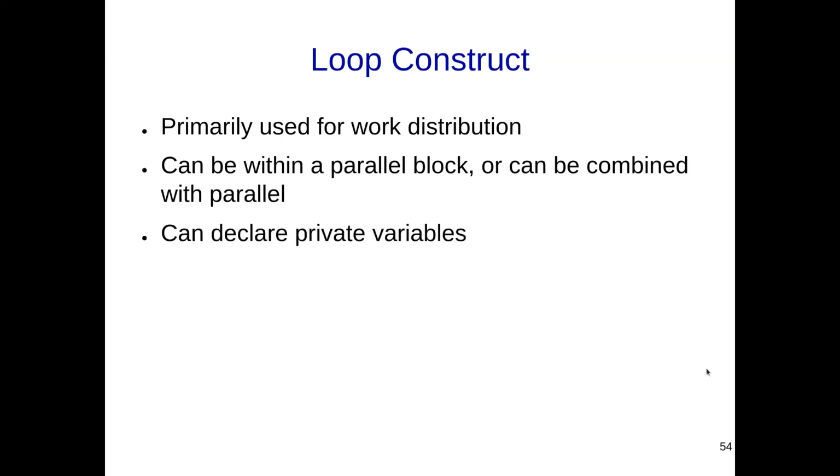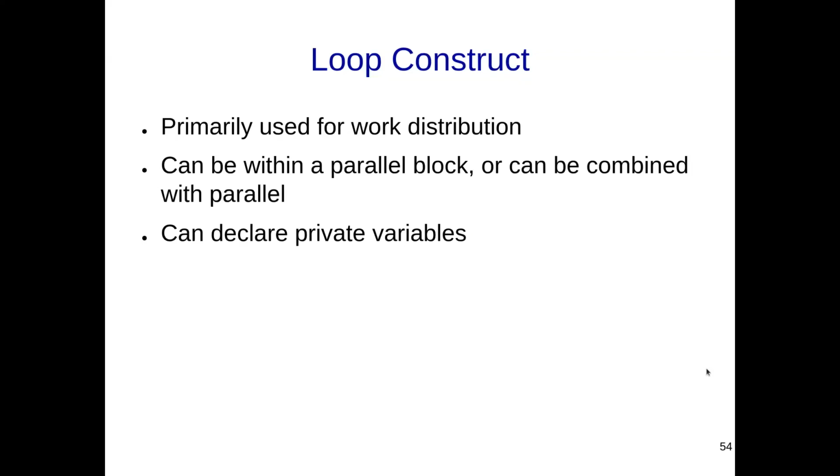It can also support the declaration of private variables, because when a particular piece of processing inside the loop is distributed across different threads, the threads are going to access the data, and whether that data is shared, which is the default, or private needs to be specified.